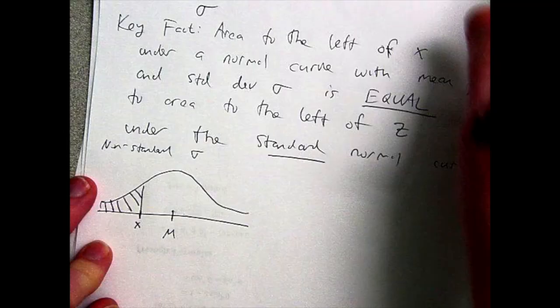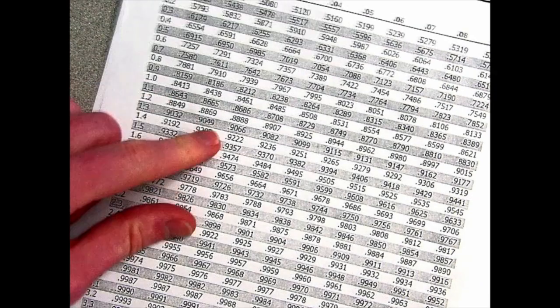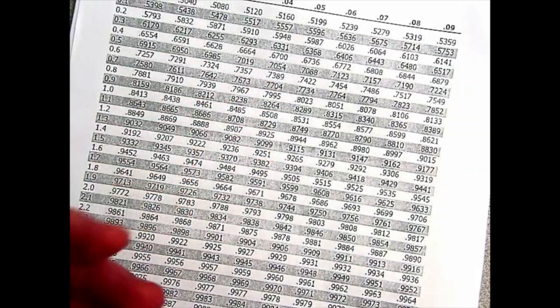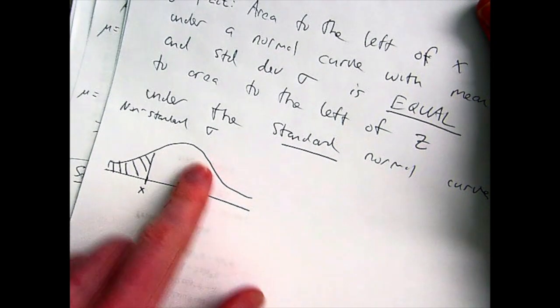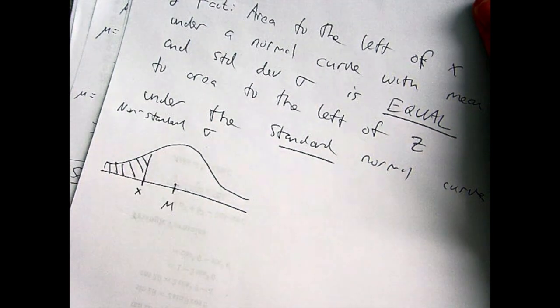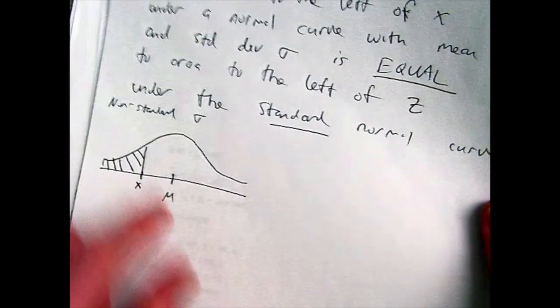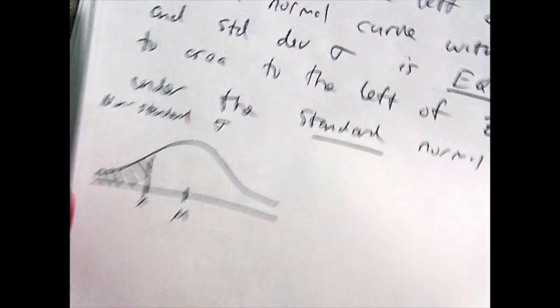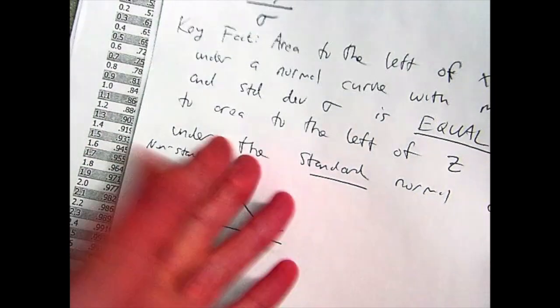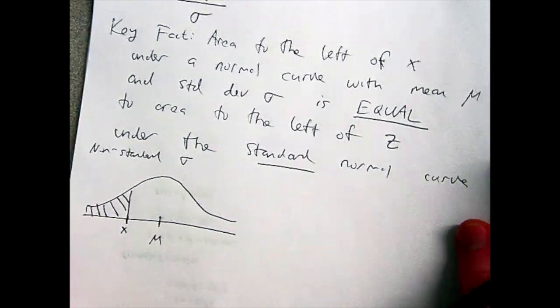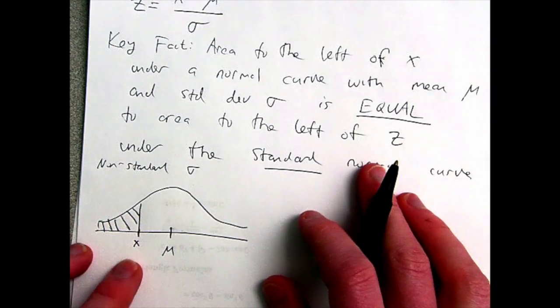Suppose you want to know the area of this region right here. Well, the thing is, this table can't help you because these are all areas under not this normal curve, but the standard normal curve, which we don't have, right? Our mean is not 0, it's something else. And our sigma is not necessarily 1, it's something else.